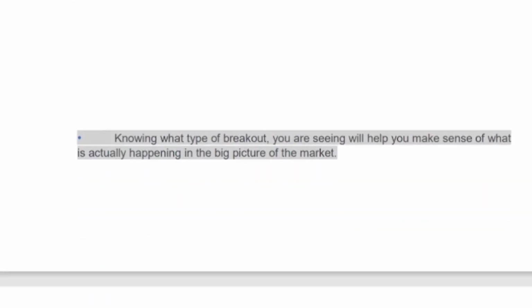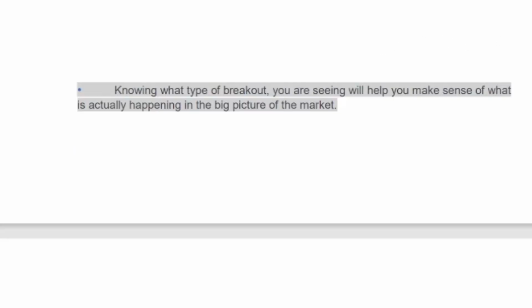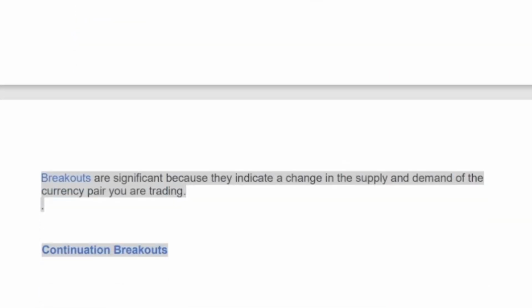Okay, knowing what type of breakout you are seeing will help you make sense of what is actually happening in the big picture of the market. If you know the type of breakout, it's going to be easy for you to identify which kind of breakout you are expecting and which direction of the market you are expecting to go with, so that you can enter from there by taking a buy or sell.